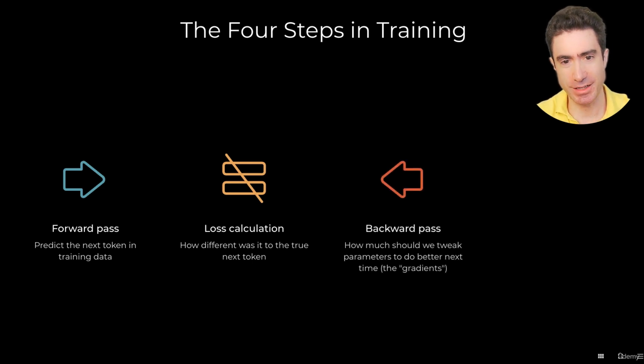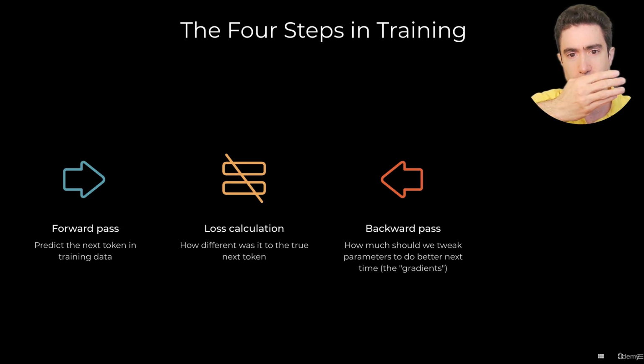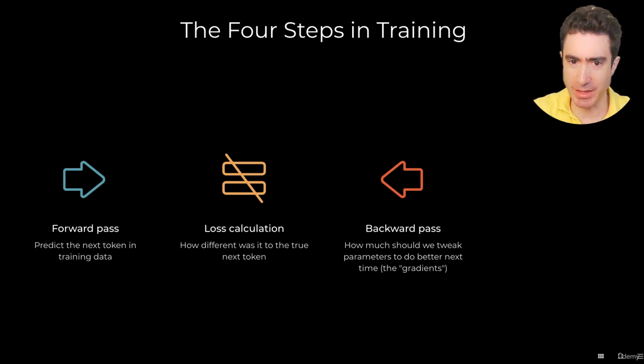Step 3 is known as the backward pass, and you hear different terms for this. It's called backpropagation. The idea is that in this backward pass, you take this loss and you look back through the neural network and ask the question: if I were to tweak each of the parameters in this neural network by a tiny bit, would it have made this loss bigger or smaller? How is the loss dependent on this particular weight?